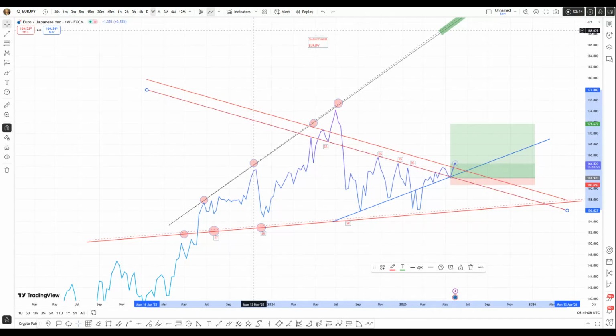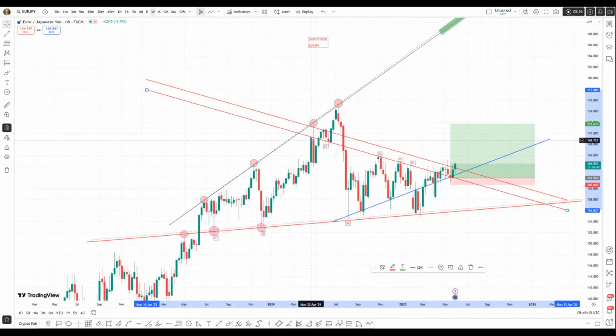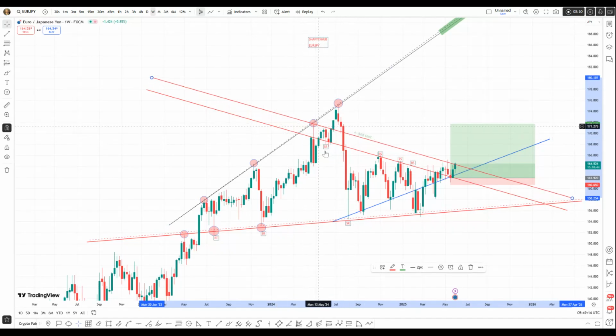So that's also broken. We have here as a supply roof, break of a supply roof, demand floor, break of a demand floor, price came here, supply roof, and we're having it broken again.